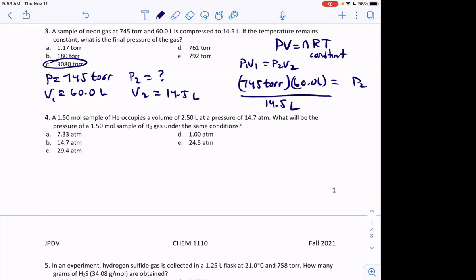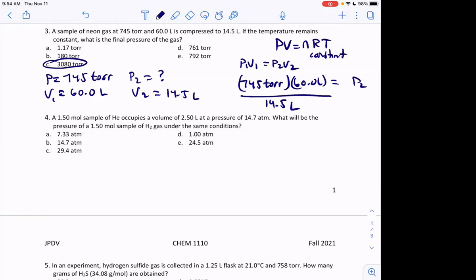So yes, if you're using Charles' law with volume and temperature, you have to put it into Kelvin. Anytime you use the ideal gas law with R, you have to convert everything to those units.